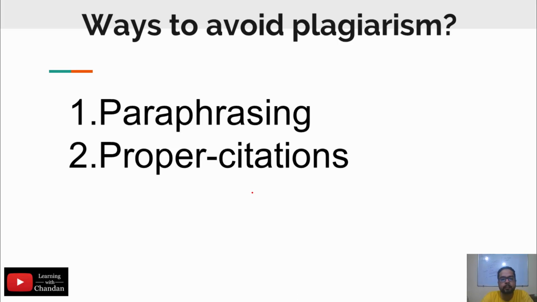Big scale plagiarism is when you just copy paste their work and show it as your own. So how to avoid it? The first way is to properly cite that work. I took this thing from this paper.